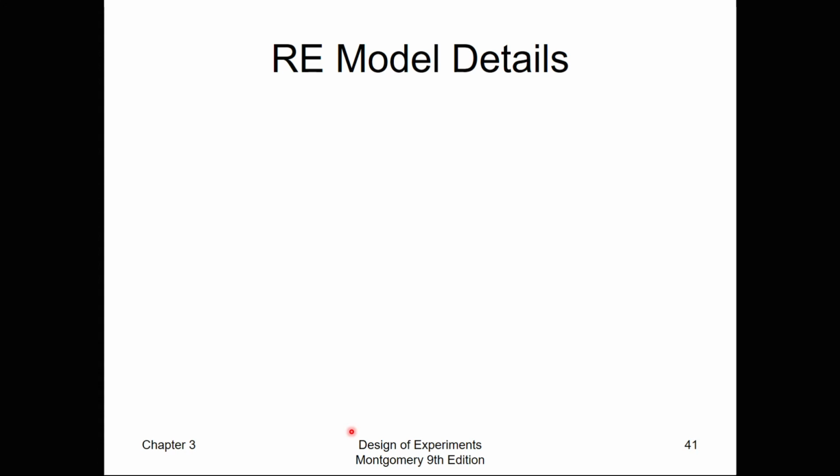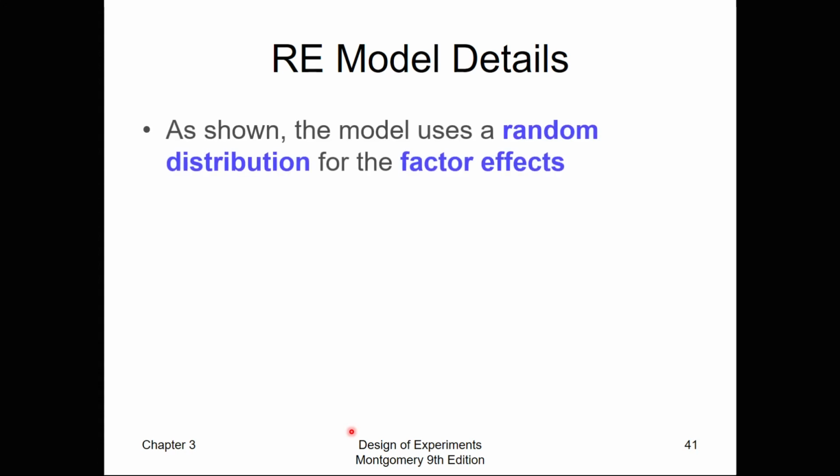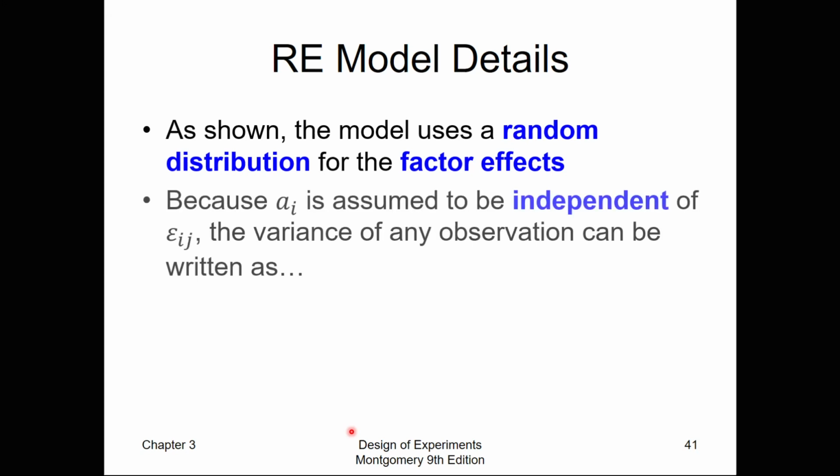All right, so for some of the random effects model details, as we just saw, the model uses a random distribution for the factor effects. Now, because these factor effects are assumed to be independent of the errors, the variance of the observation can actually be broken down.